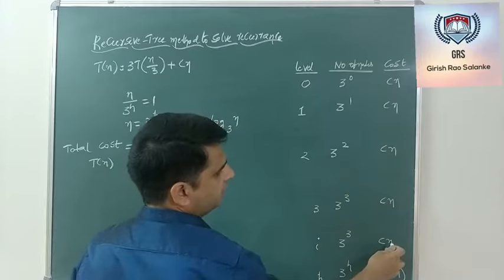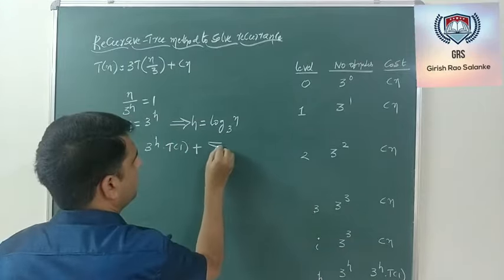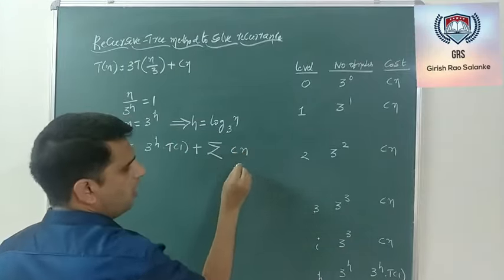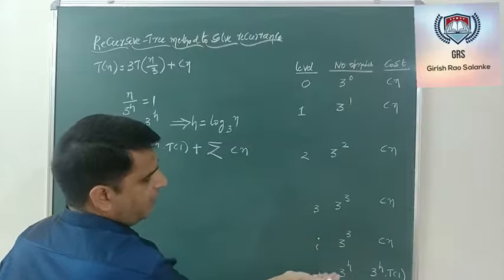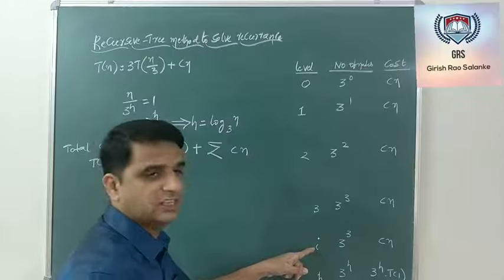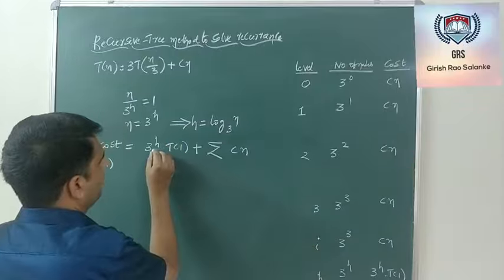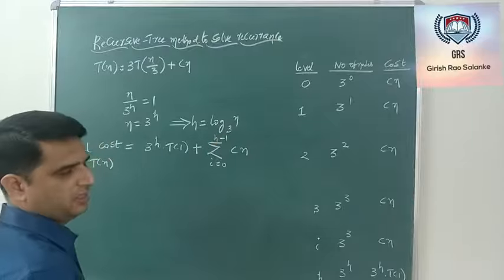I need to sum Cn how many times? i number of times, and i is 1 lesser than the height. The height was denoted with h, so the previous level was h minus 1. So this is nothing but the summation for i equal to 0 up to h minus 1 of Cn.